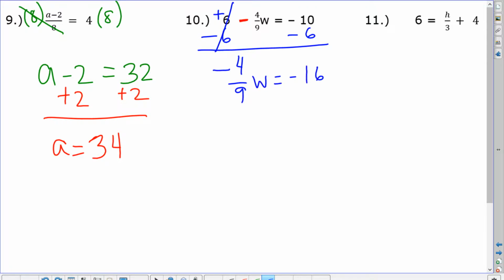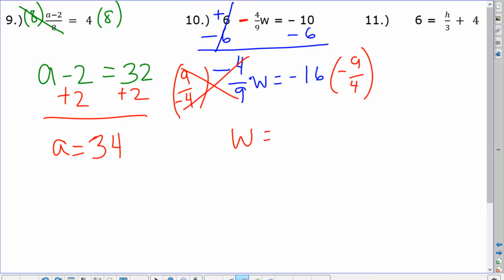Now remember, this is a multiplication problem, and the inverse would be dividing. But we don't divide by fractions. We multiply by the reciprocals. Now it doesn't matter where I put the negative sign, numerator, denominator, or on the side. It doesn't matter. These are inverses.